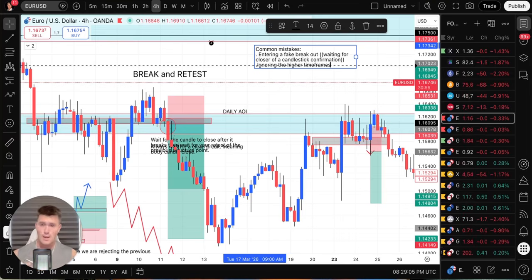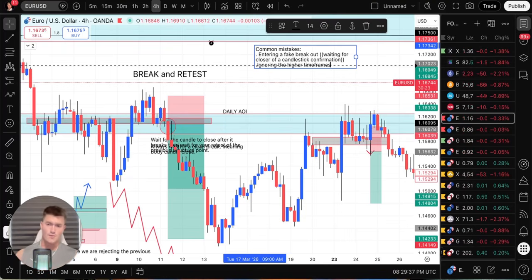If we have a 4-hour head and shoulders, we're waiting for a 4-hour break and retest. If we have a weekly head and shoulders, for example, we're waiting for a weekly break and retest. Okay? So don't ever ignore the higher time frames. If you're at a daily area of interest and you have a 4-hour head and shoulders, great. That's a great confluence.